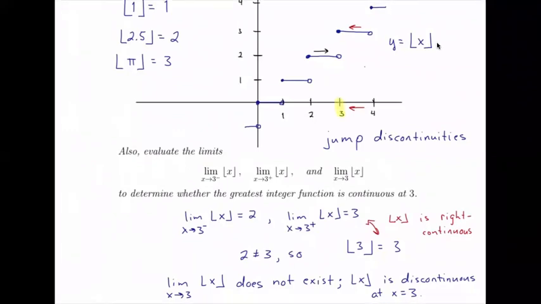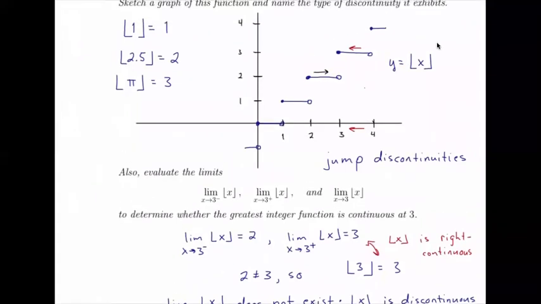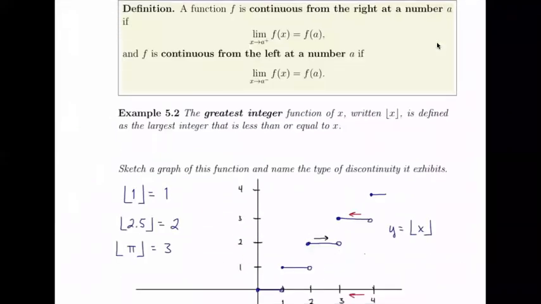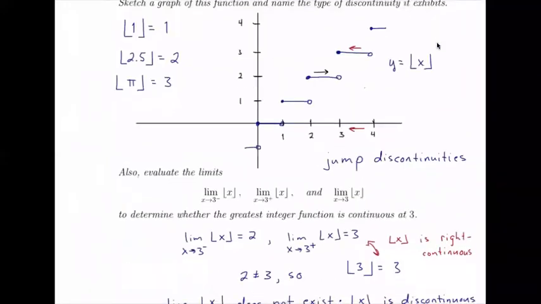So we need to approach it from the left to see if it's left continuous, and from the right to see if it's right continuous. And if it's left and right continuous, then it's probably continuous overall, but we'll see that later on, right?